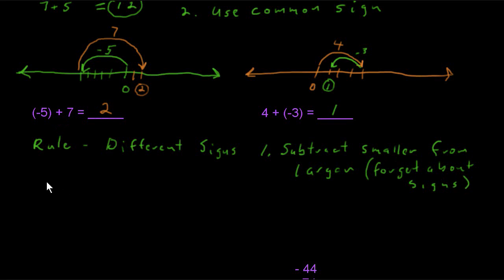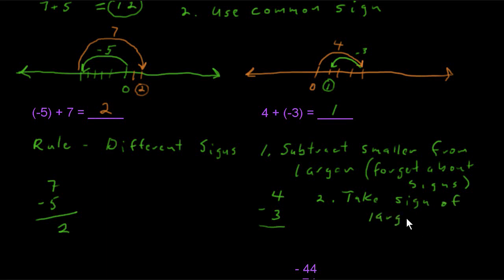So let's do that on the first problem. The larger number is 7. We're going to take 5 away from it, and we get 2 in this case. On the second one, we do 4 subtract 3, smaller number from the larger number. Then the second part to this rule is that we want to take the sign of the larger number.